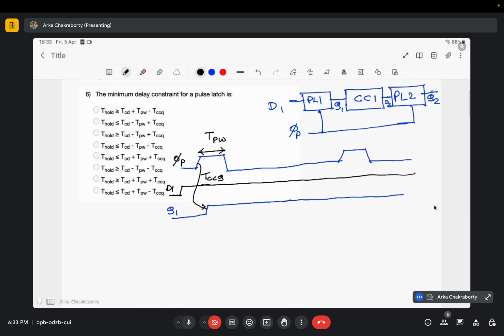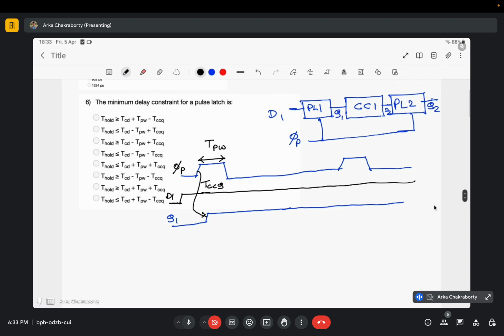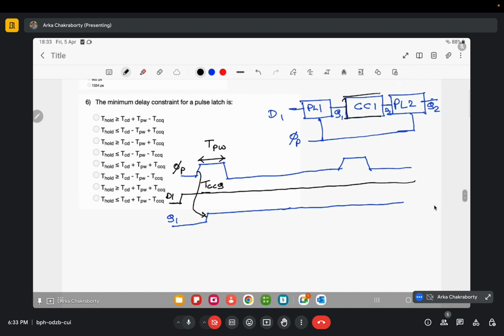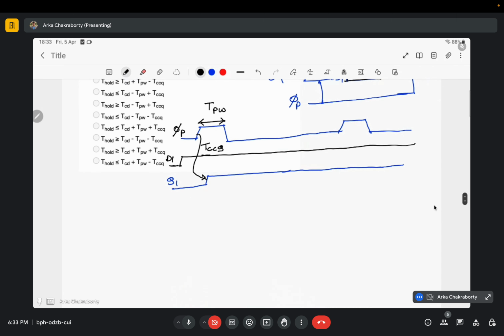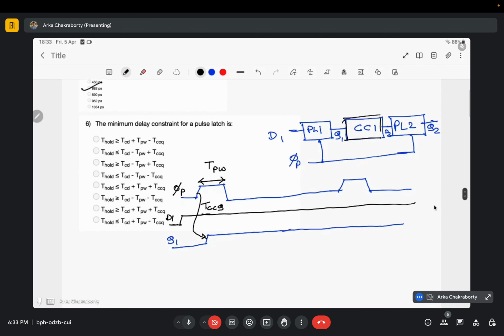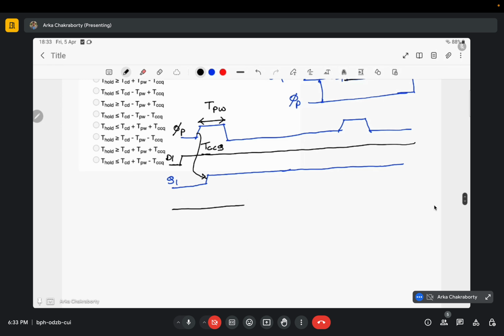Okay, and then this Q would go through this combinational circuit. So my D2 would look something like this, and this would be nothing but pure contamination delay, right? Because we are looking into minimum timing constraint, so it will be TCD.